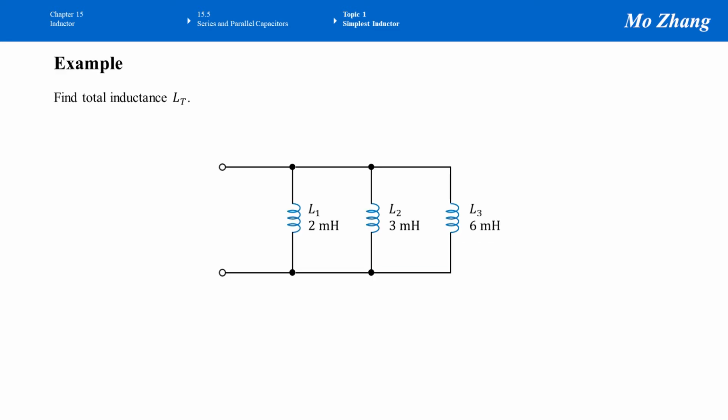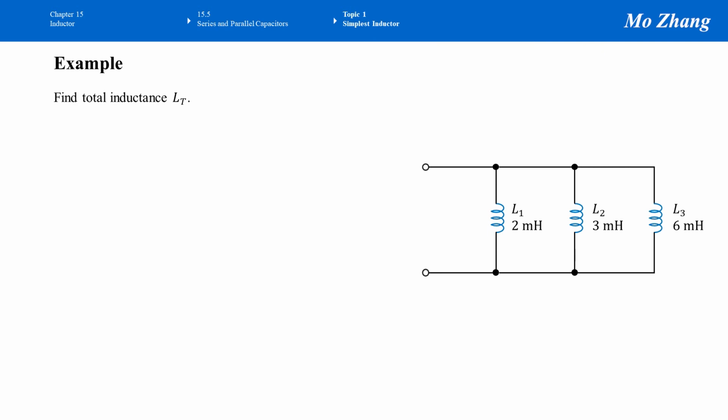Now let's work on this example to find the total inductance Lt of these 3 parallel inductor circuit. L1 equals 2 millihenry. Second inductor L2 equals 3 millihenry. And L3, the third inductor, is 6 millihenry. To find the total inductance, use the general formula, but only keep 3 terms, since there are only 3 inductors here.